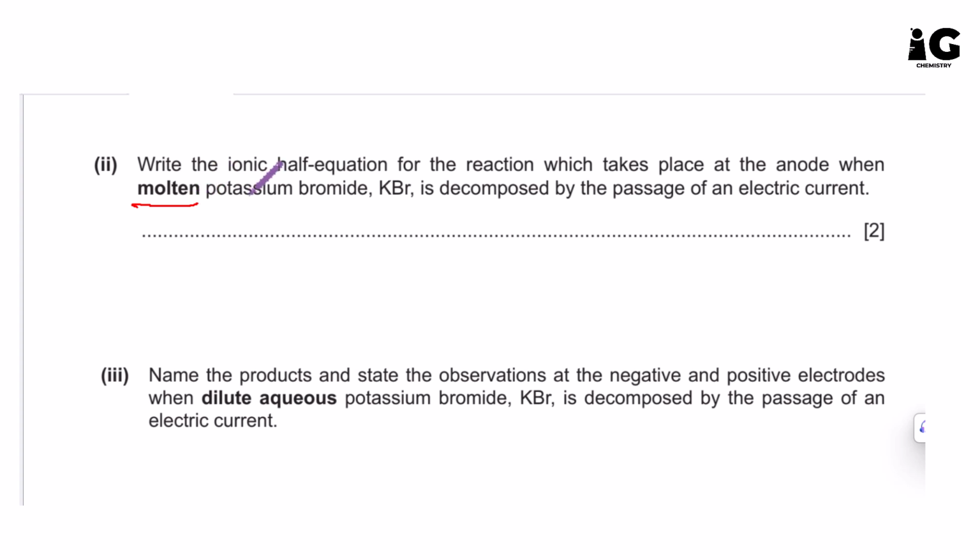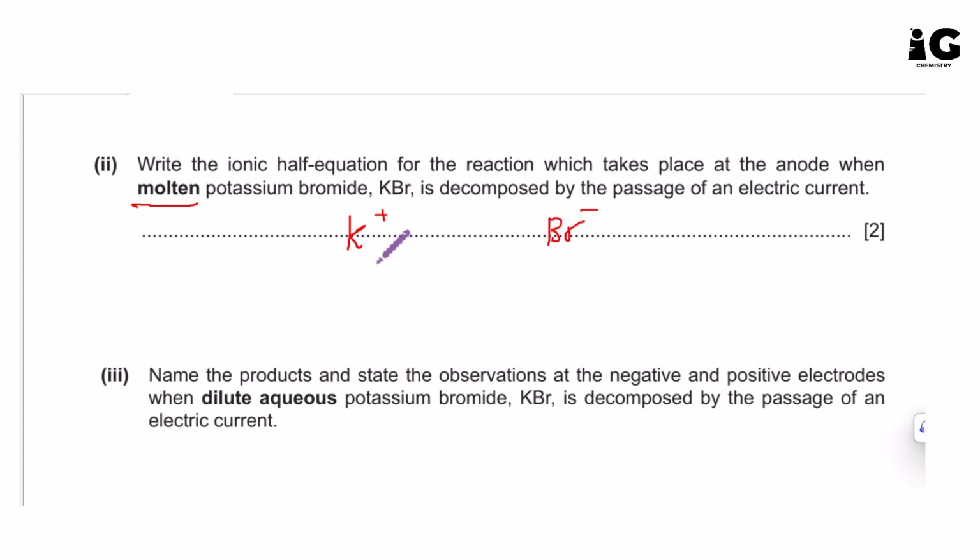This is molten. Guys, of course, in this topic, according to the state of the ionic compound, you can determine what happens at the cathode and at the anode. Let's answer this question. Molten potassium bromide means you have only K+ ions and you also have Br- ions.